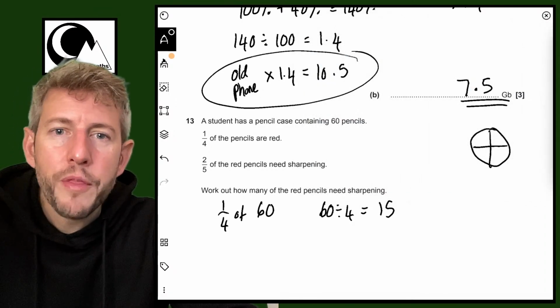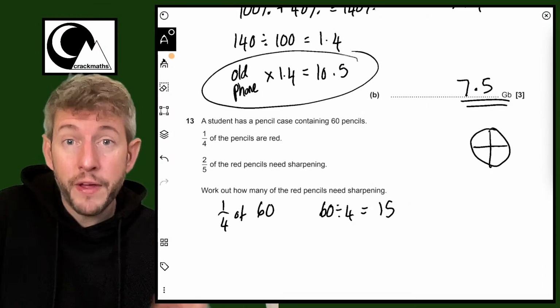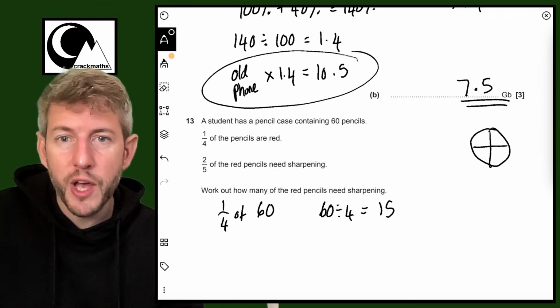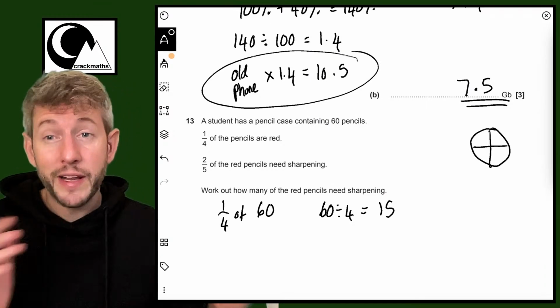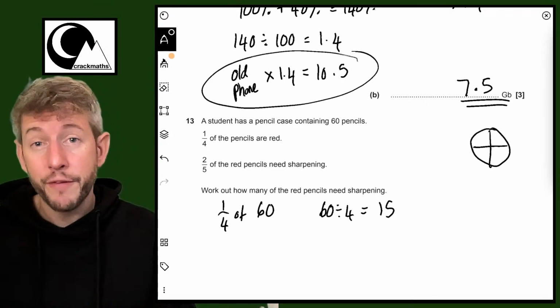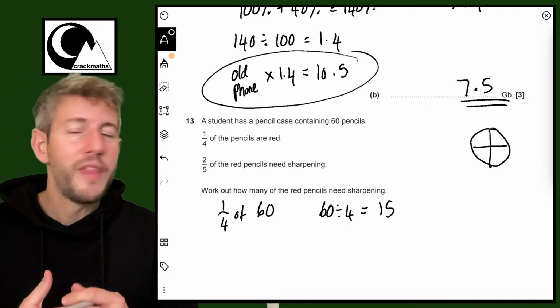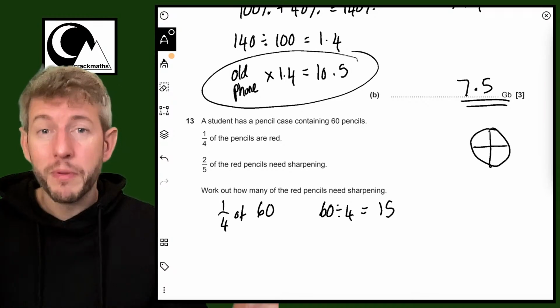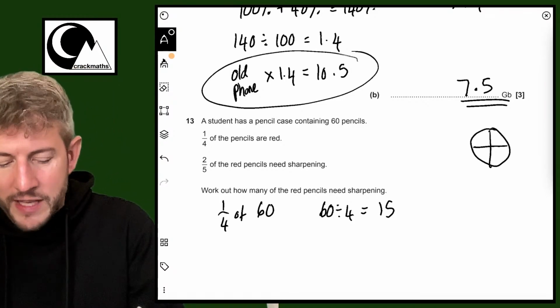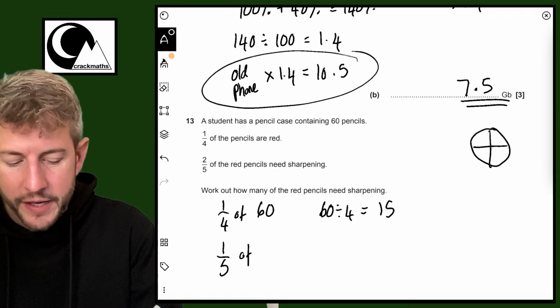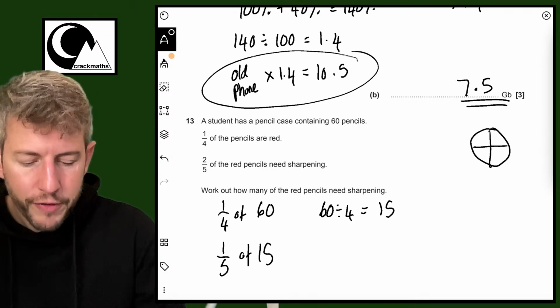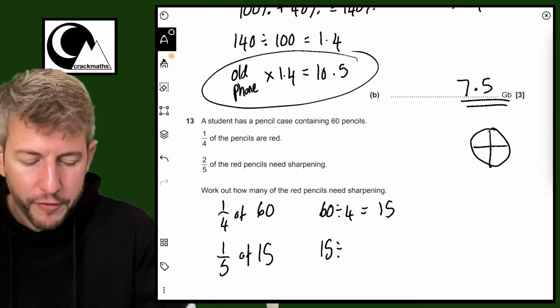So we're then told that 2/5 of the red pencils need sharpening. So the way that we go about finding 2/5 is we find out what 1/5 is by dividing by 5, and then once we know what 1/5 is, we're going to multiply that by 2. So let's first of all find 1/5 of 15, okay? So 1/5 of 15 is 15 divided by 5.